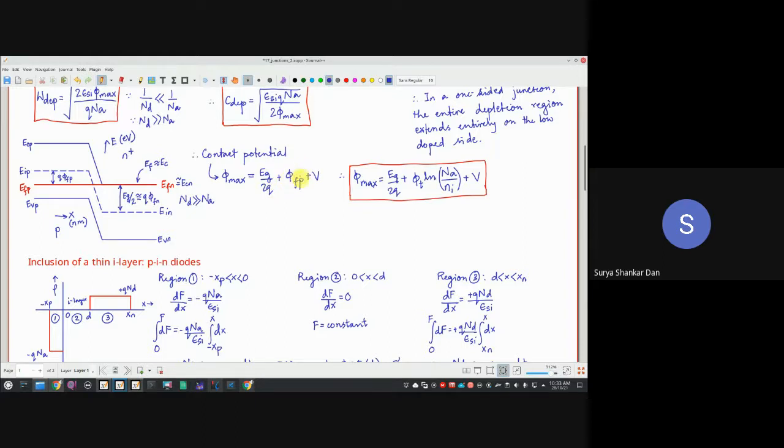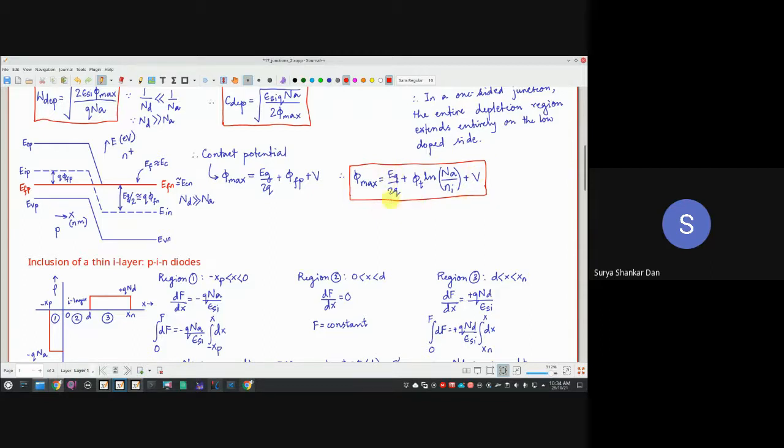Plus phi Fp, plus Eg by 2q plus the applied bias. If I had done the built-in potential, in the textbooks usually they write in terms of built-in potential. Built-in potential means V is equal to 0. Simple. Okay, so this is the phi max in the case of a one-sided junction.